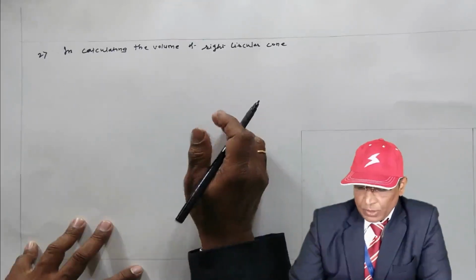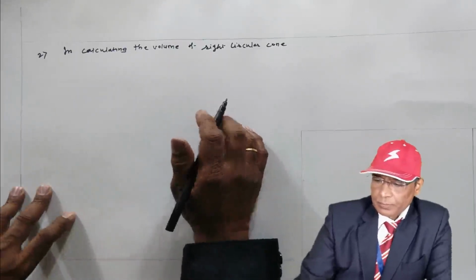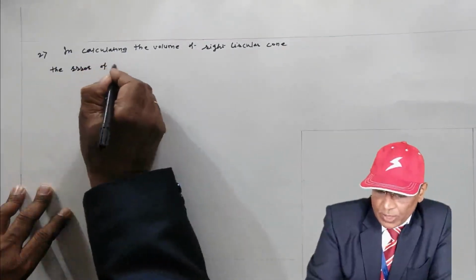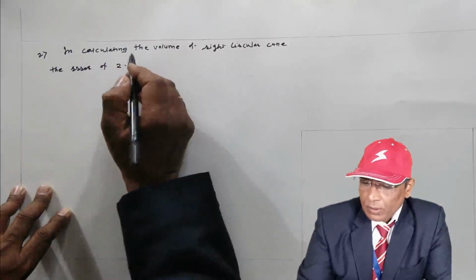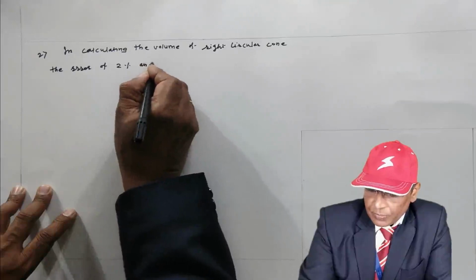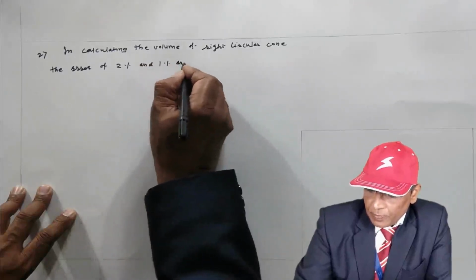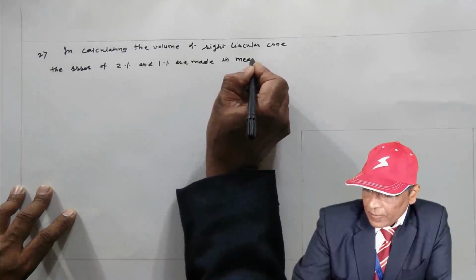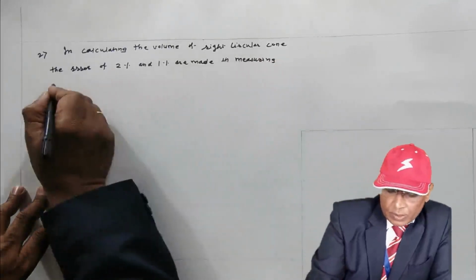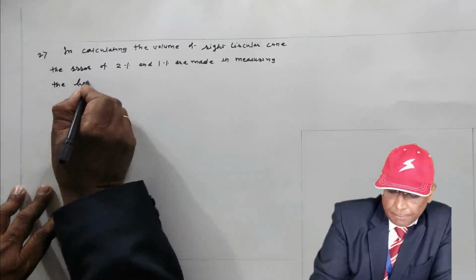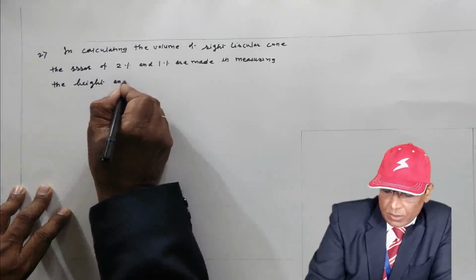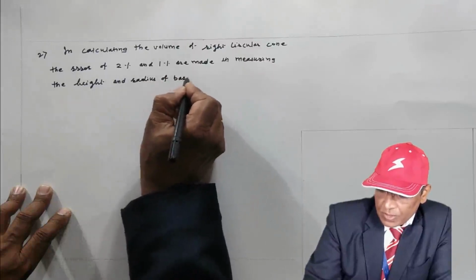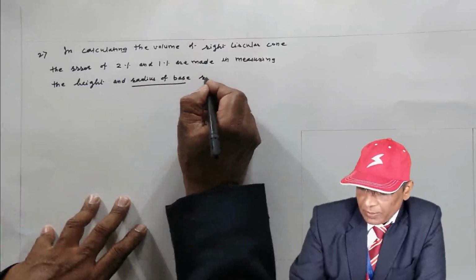In short, in calculating the volume of a right circular cone, errors of 2% and 1% are made in measuring the height and the radius of the base respectively.